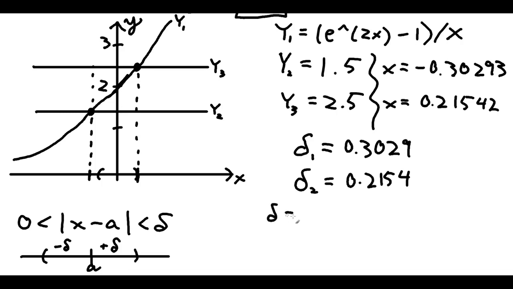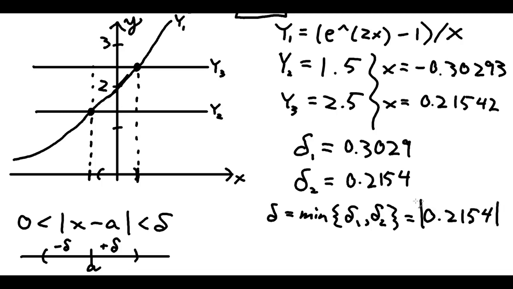the actual value of delta we want, is the minimum of the 2 values that I found, delta 1, delta 2. And that, in this case, is approximately 0.2154. Okay.